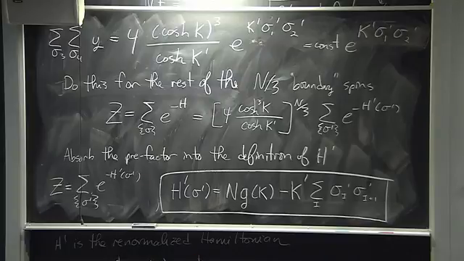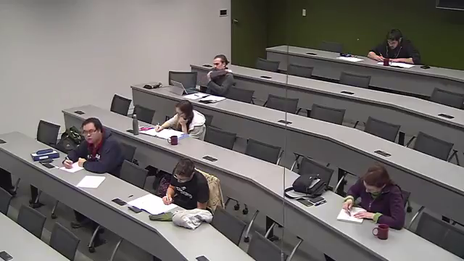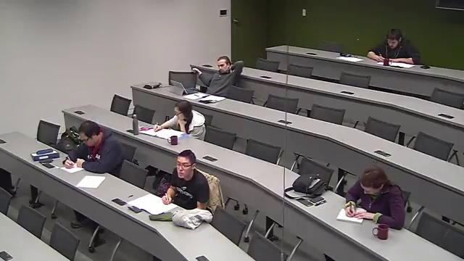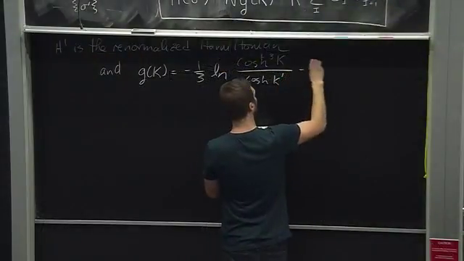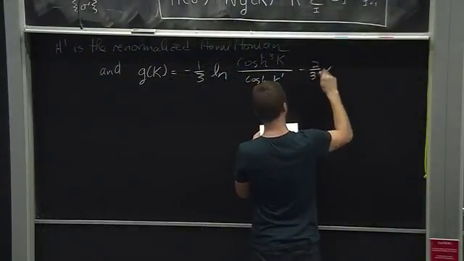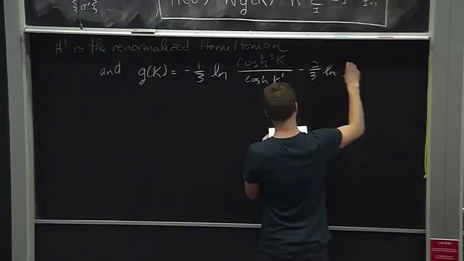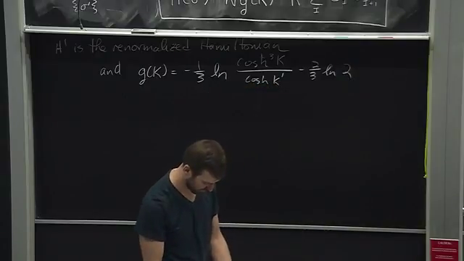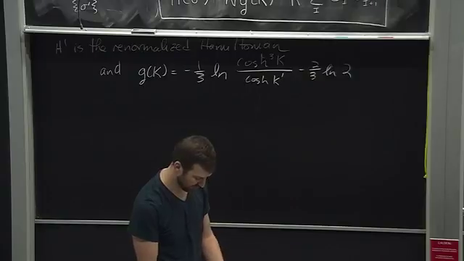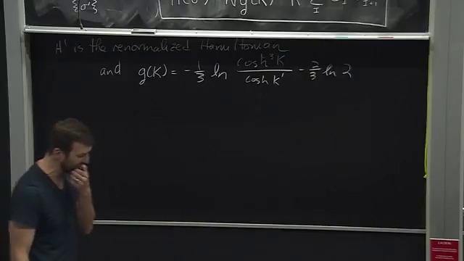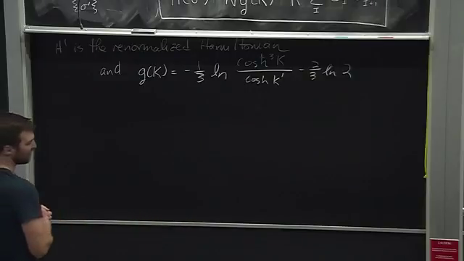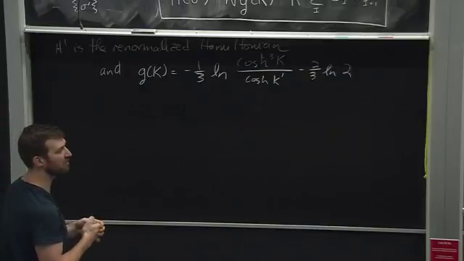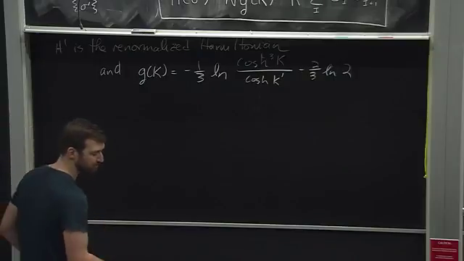So for completeness, let me just write this. Cosh 3K, some constant, whatever. So that's just a contribution of the energy from all the short wavelength degrees of freedom.